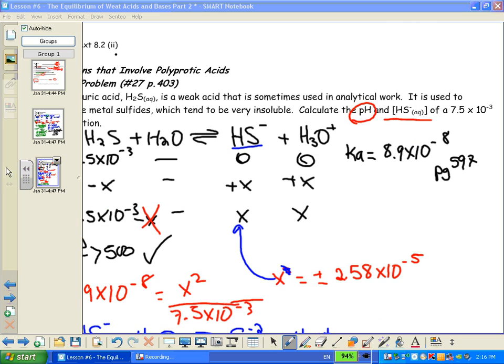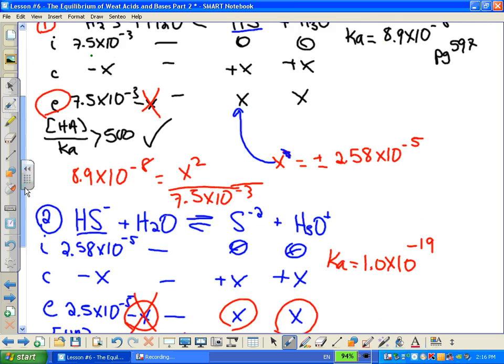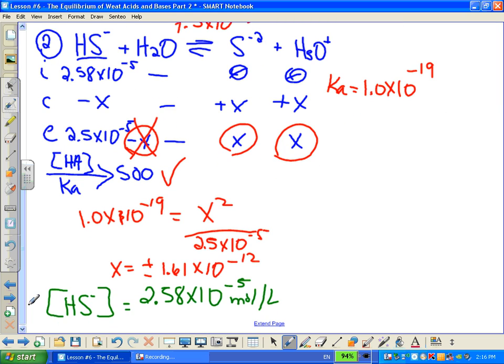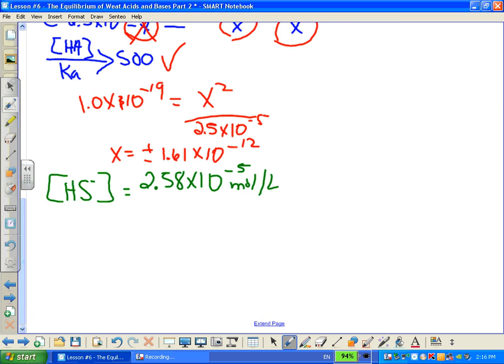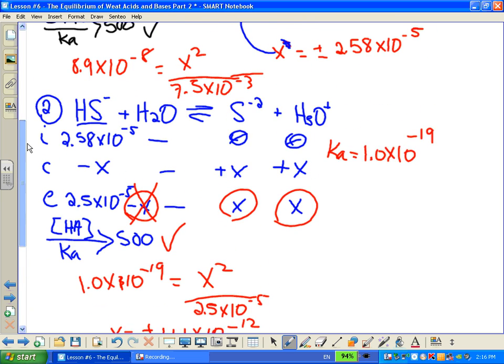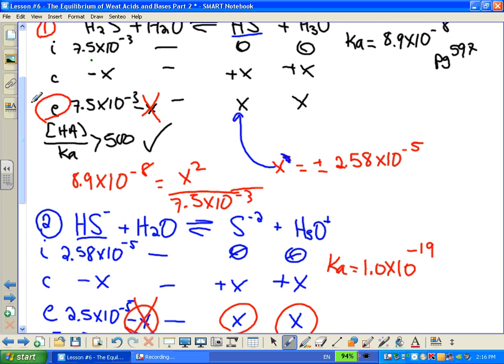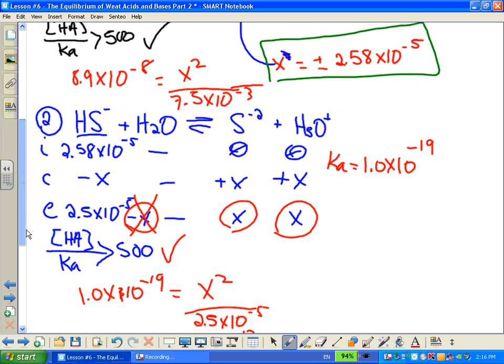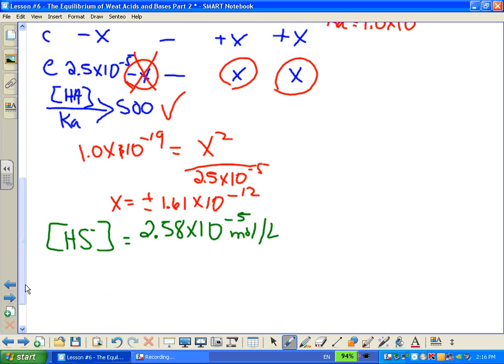So if we go back here, in order to calculate our pH, we're going to look at what the value was from our original dissociation. And in our original dissociation, we found our X to be 2.58 times 10 to the negative 5. You'll see at the second dissociation, our value ends up being 1.61 times 10 to the negative 12, which is so small that it has basically no effect.